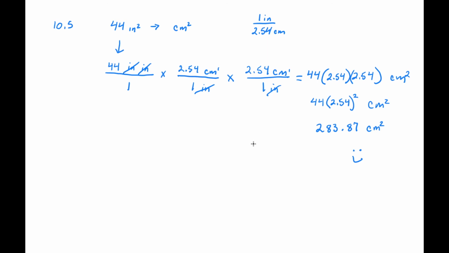10.6. And I'm going to let you solve that one. So let's clear the page and see if you remember those steps. So 10.6. And we are asked to use 4 unit multipliers to convert 125 centimeters squared to feet squared.